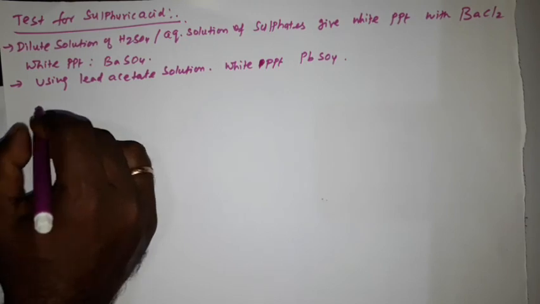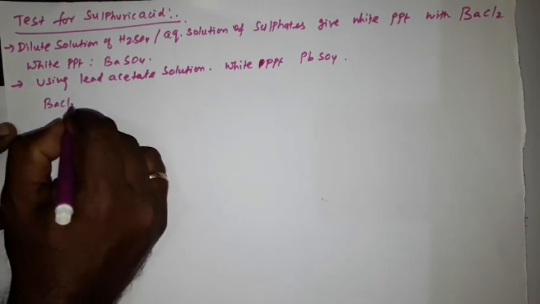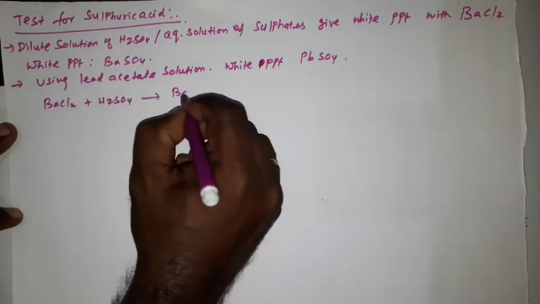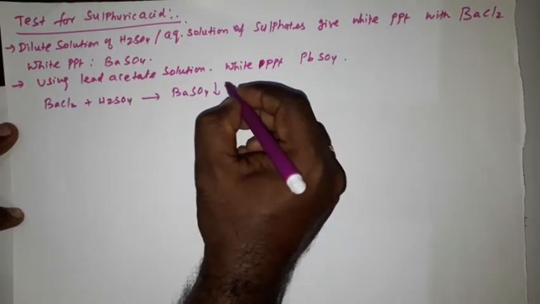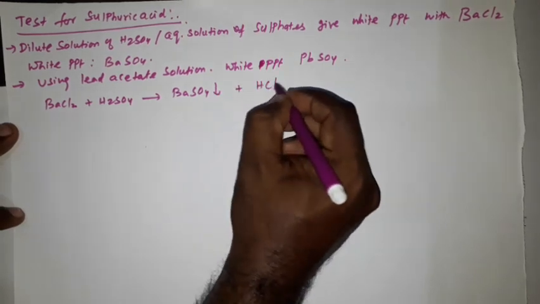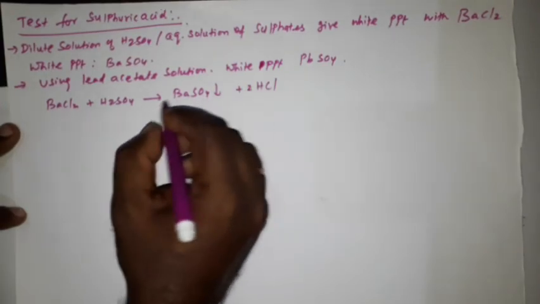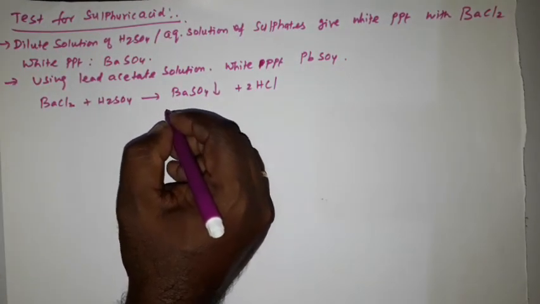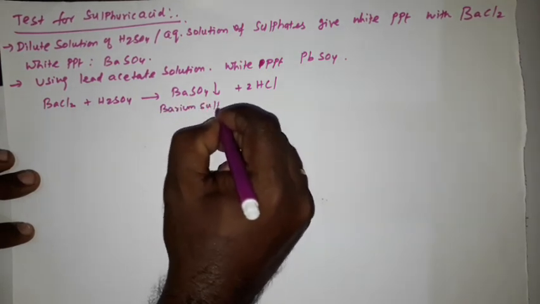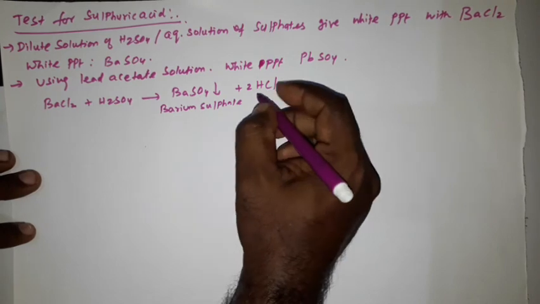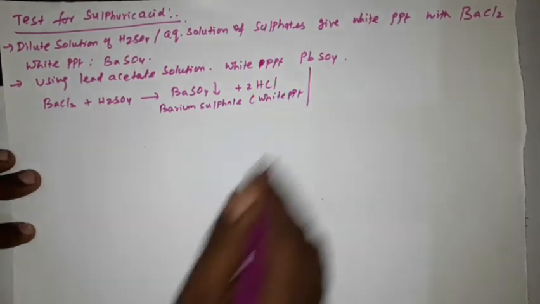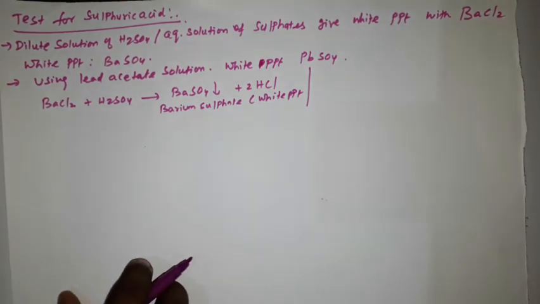So see the equations: barium chloride, BaCl2, plus sulfuric acid gives BaSO4. This is the precipitate, the down arrow, plus HCl. Balance the equation, put 2 here. So this is barium sulfate, okay, and this is the white precipitate. In the other case we add lead acetate.